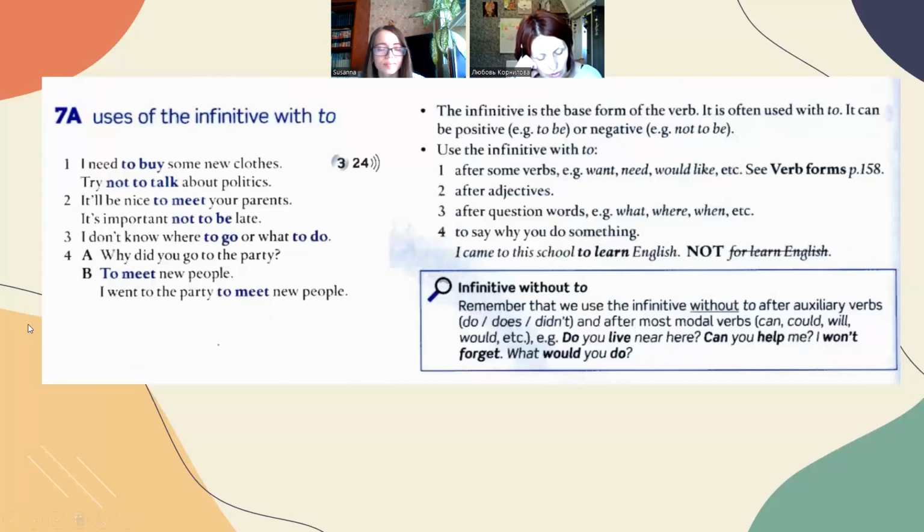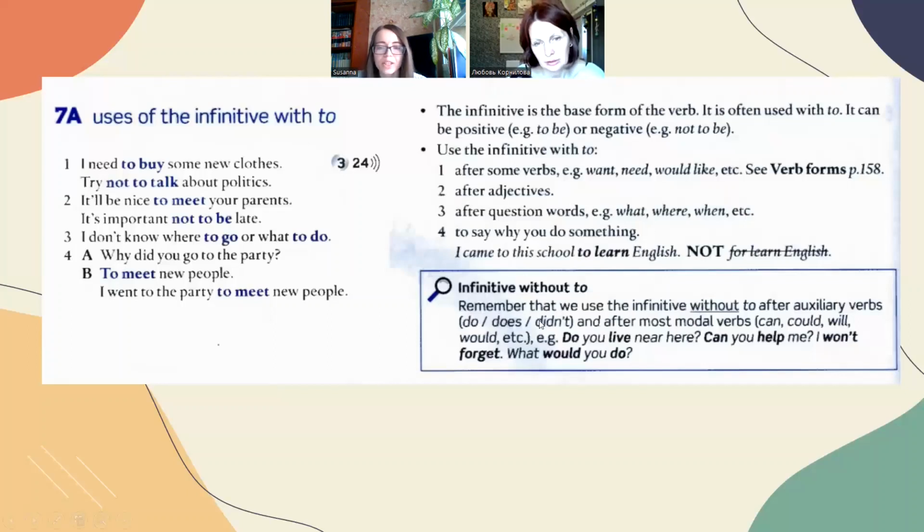I went to the party to meet new people. So the question is, why did you go to the party? To meet new people. This is the reason for going to the party. So this is about usage of the infinitive with to.